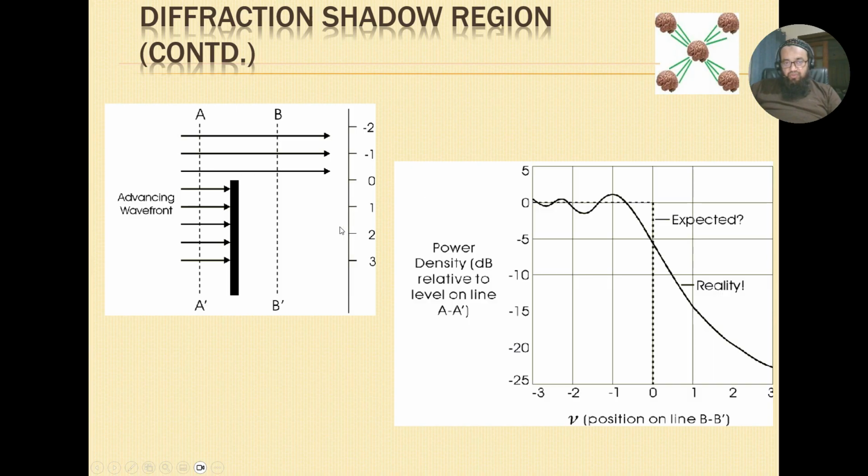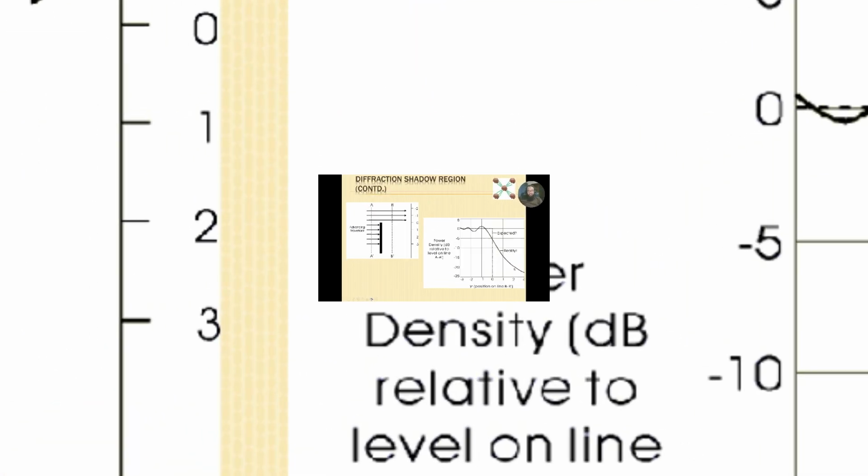But when you go into this region, which is a kind of shadow region for us, the power will not suddenly go to zero, but it will have a very high diminishing of power, but still, here it will show you only -5 dB. Here it will show you only -10 dB of attenuation, -15, and it will go down slowly.